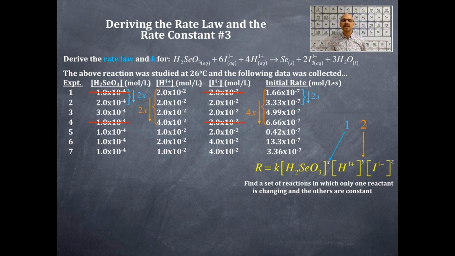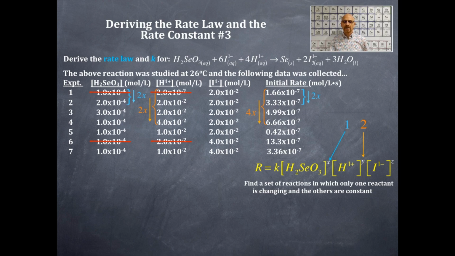All right, so let's look at the next one here. We're going to wipe those out. We're going to take another set of 2 experiments here that we're going to compare, and this time we want the iodine ion concentration here that we're trying to derive. So we're going to look at experiments 1 and 6, and in experiments 1 and 6, the H2SeO3 and the hydrogen ion concentration are remaining constant, and that is very important here.